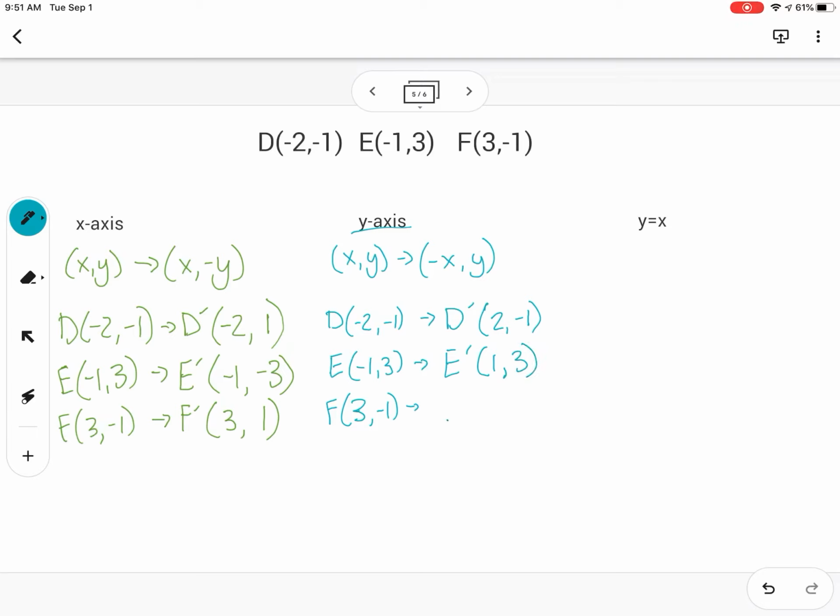Negative 1 becomes positive 1. 3 stays 3. 3 becomes negative 3, and negative 1 stays negative 1. For the y-axis, to flip the points, you make the x have the opposite sign. y stays the same. In our first one, y had the opposite sign.